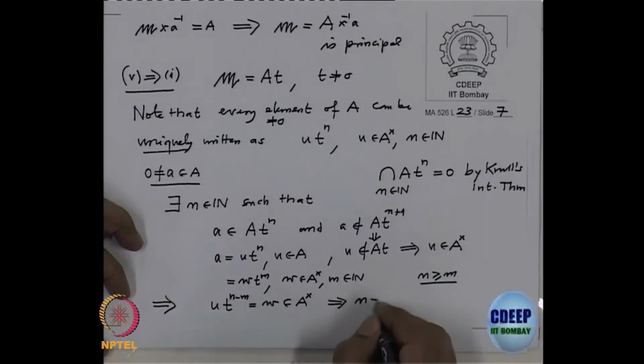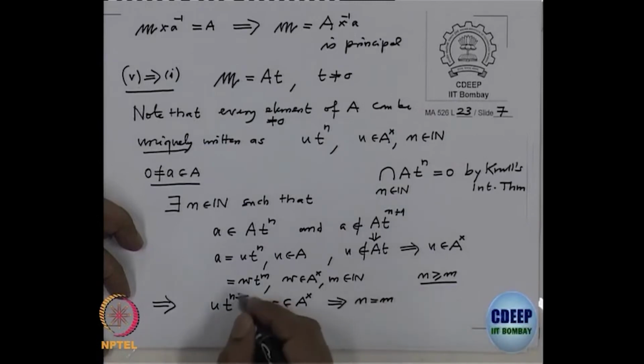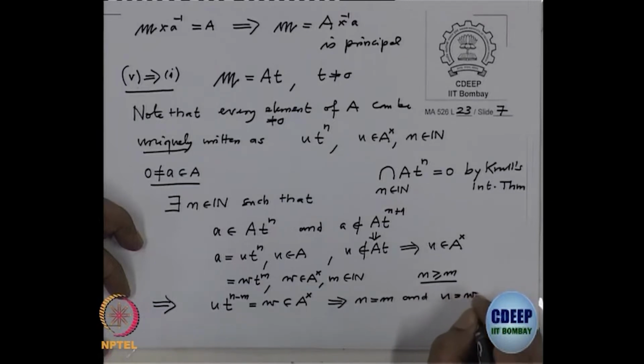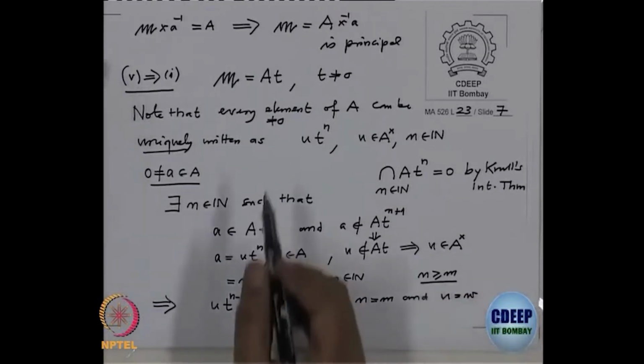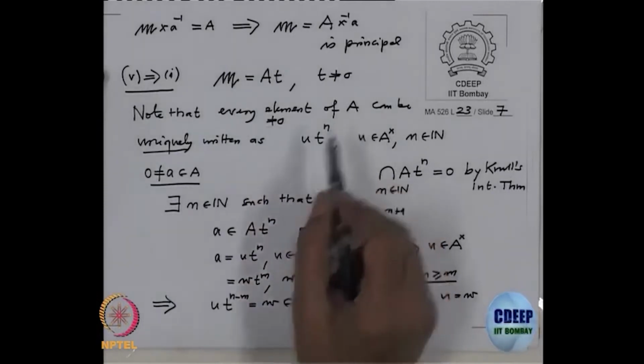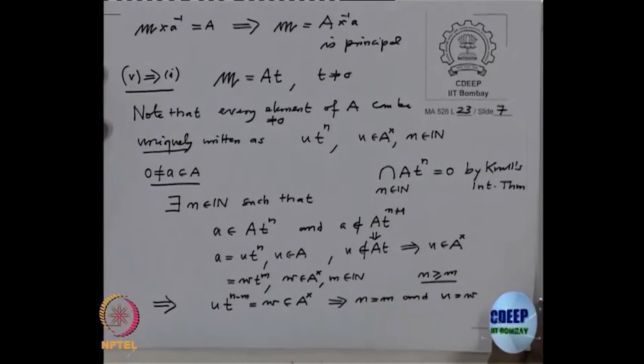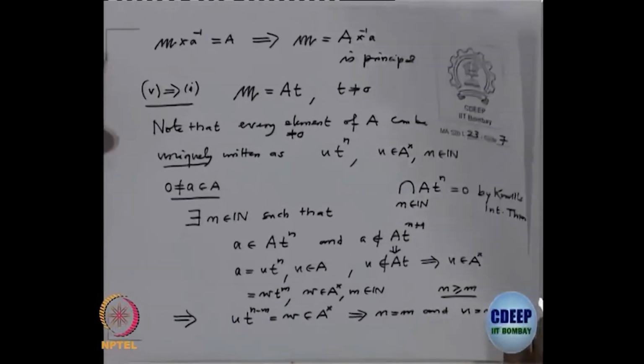So, n is equal to m, and once n equal to m, hence u equal to w. So, we have proved that every non-zero element of the ring A is uniquely in the form u times t power n for some unique natural number n.